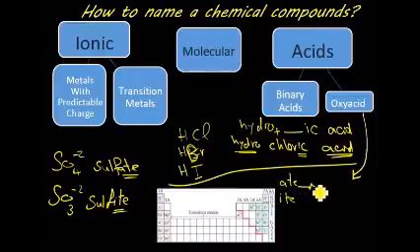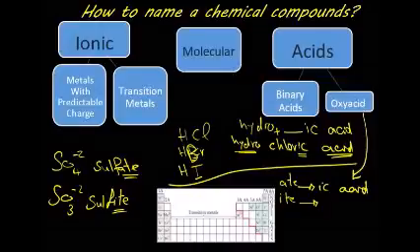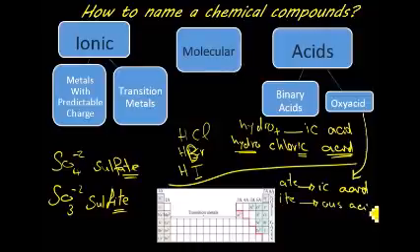So to name the ATE polyatomic ions when combined with a hydrogen, you change the ATE ending to IC. If the polyatomic ion ends with ITE, you change the ITE to OUS, and then acid.